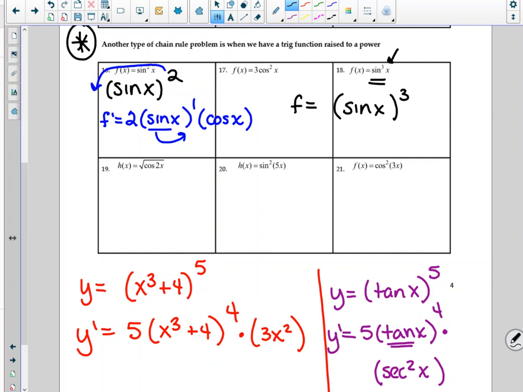The 3 is written next to that sine, but your interpretation is to be that this is a quantity of sine that is all being cubed. Rewriting it with parentheses definitely makes the chain rule aspect of it a little bit more comfortable.